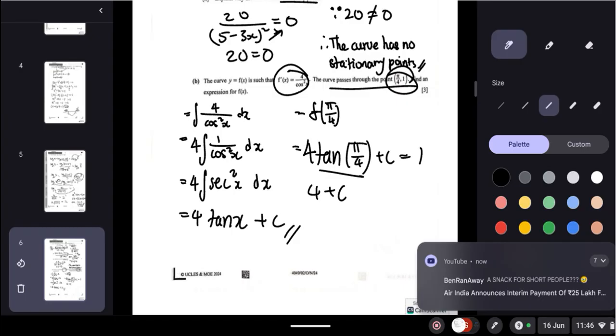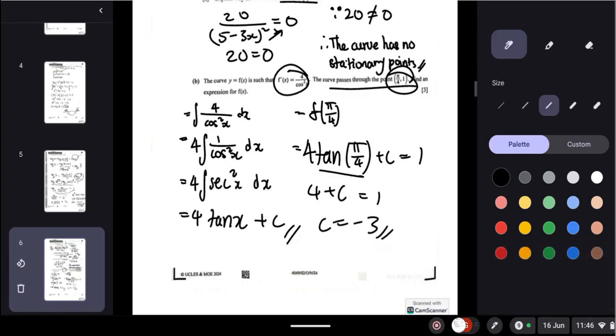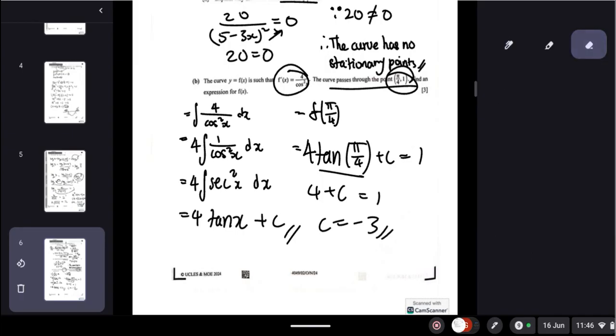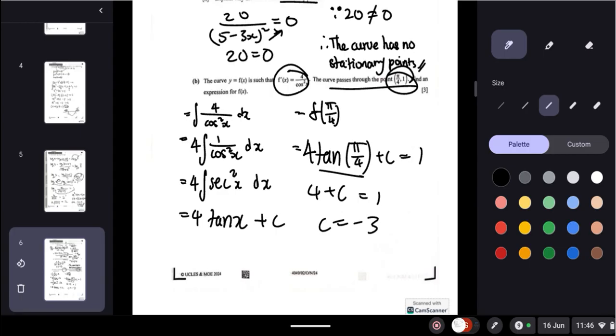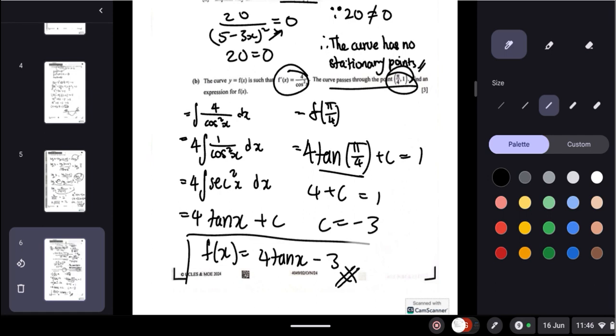So c is equal to -3... Sorry, my mistake not to write this, so as to ensure that the marker knows where to find the answer. So f of x equals 4 tangent x minus 3. This is your final answer. Just box it up to let the marker know that this is the final answer.